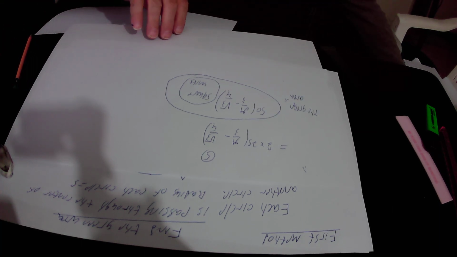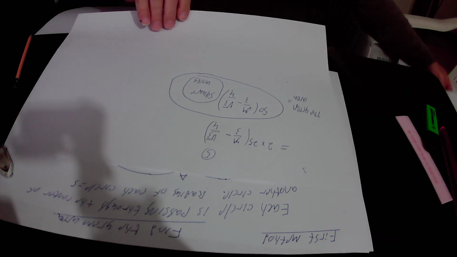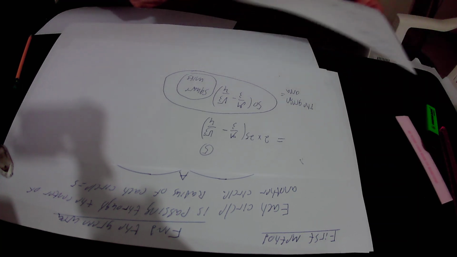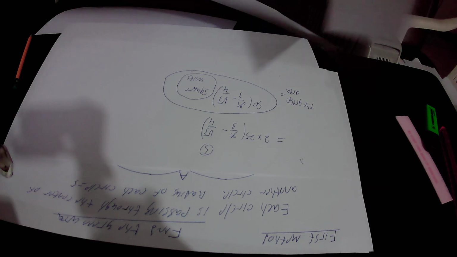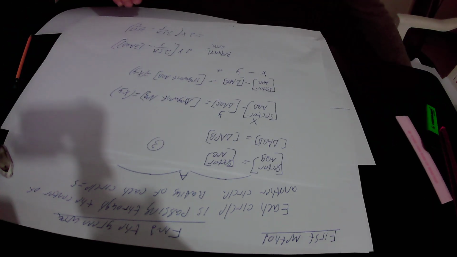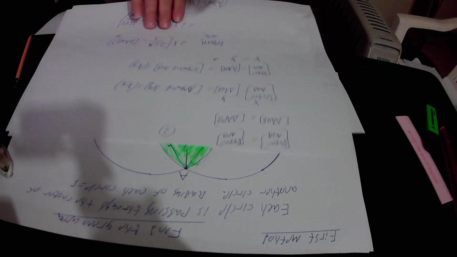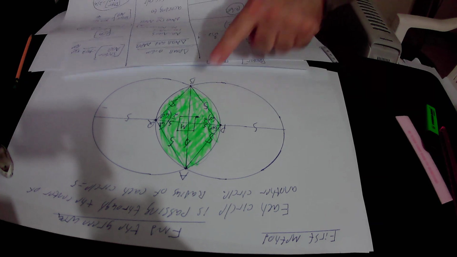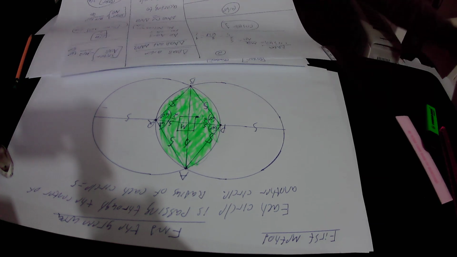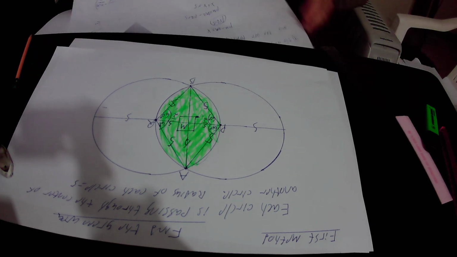Okay, so we finished with the first method. In the next step, I will present to you how to find out the area of this green shape according to the second method.